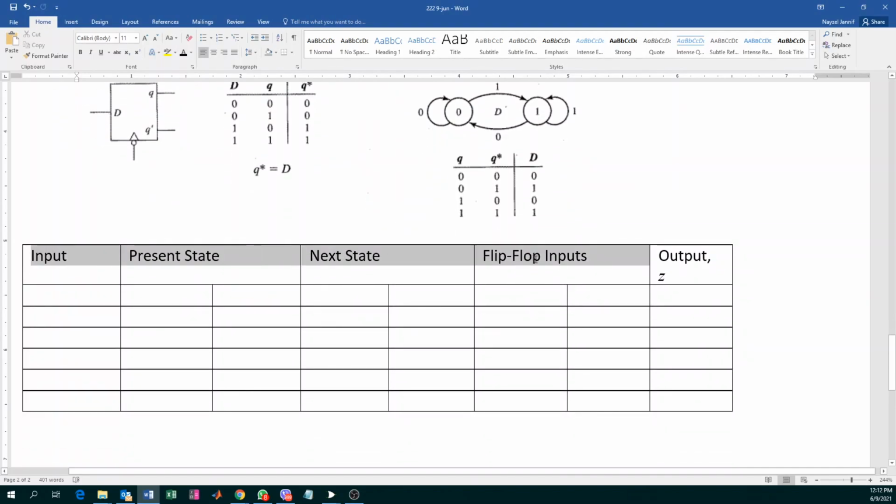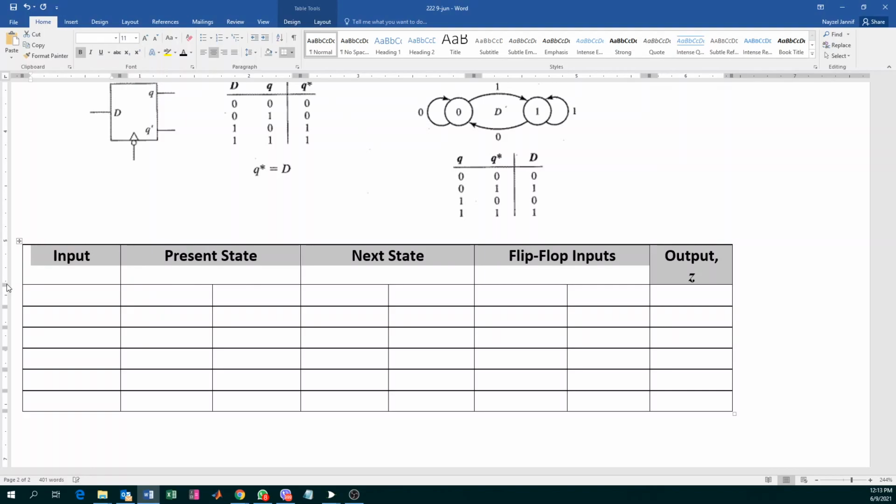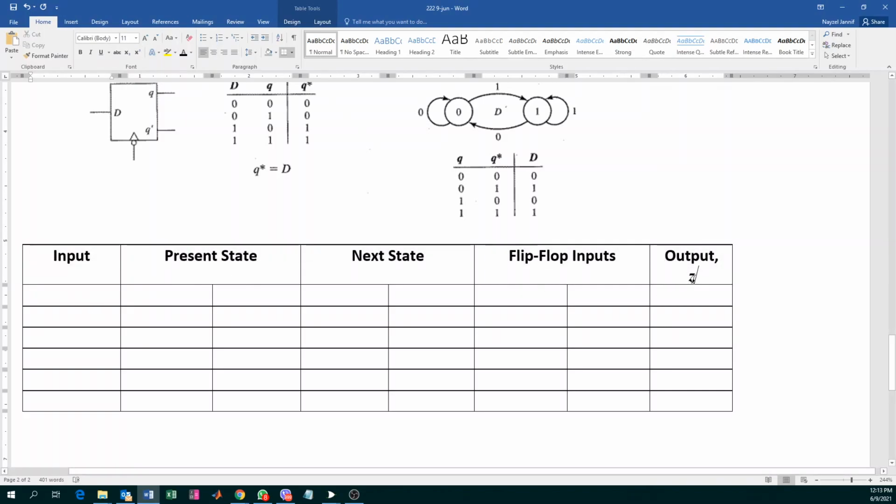All right, so that's the output Z. What is our input, guys? Our input is X. What is our present state? Our present state would be Q1, Q0. What is our next state?